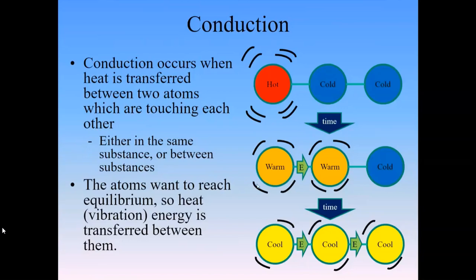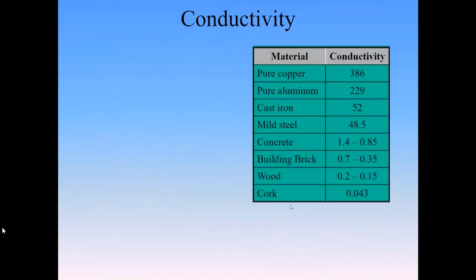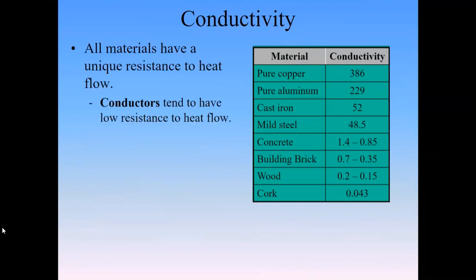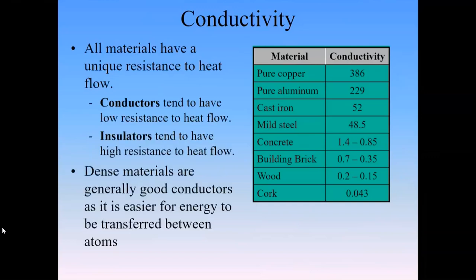Generally, we consider that conduction happens within solids. So we have this measurement of conductivity, which is how well energy moves through the solid. But it can happen through any type of substance. In general, the more dense the material is, the better it is at conducting. Those atoms are right in close contact with each other, and our solids are generally our densest objects.